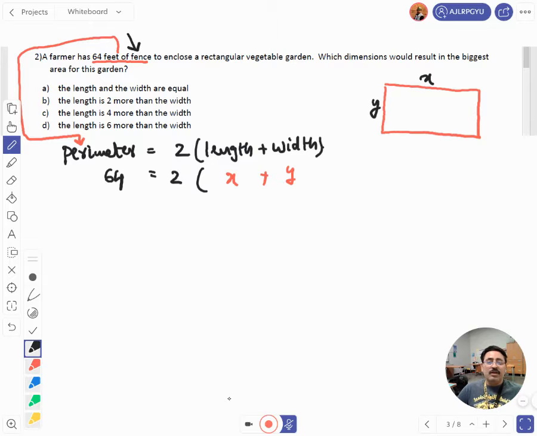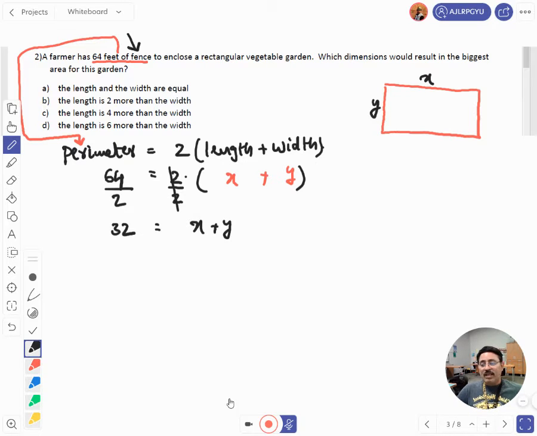Okay. You know how to isolate the variables here. 2 is multiplying, so the inverse operation is division. Therefore, after the cancellation, you are left with x plus y equals 32. But I don't know the value of x and I don't know the value of y. Then here you have to go for a systematic guess.